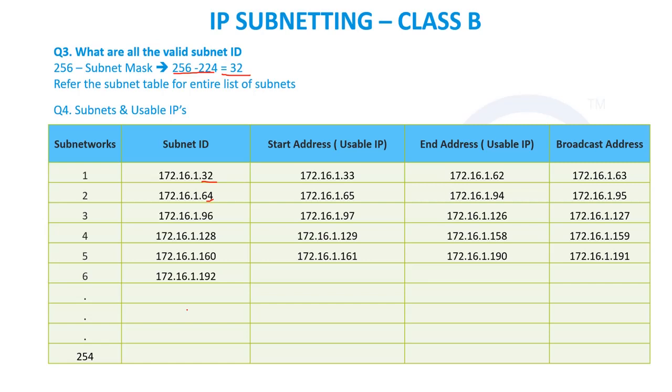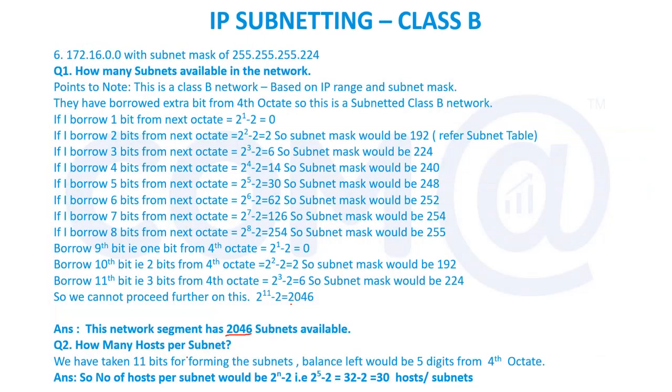So like that, I keep on increasing till I reach 172.16.254. The last segment will be 172.16.254.255. That will be the last IP address in my range. That is how you will get 2046 subnets in your calculation.